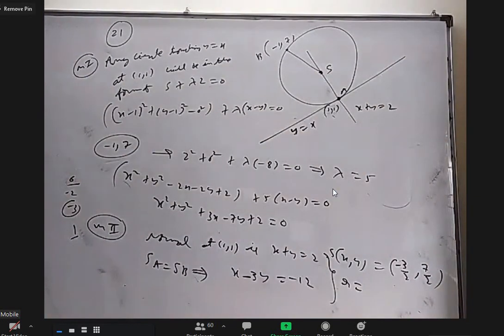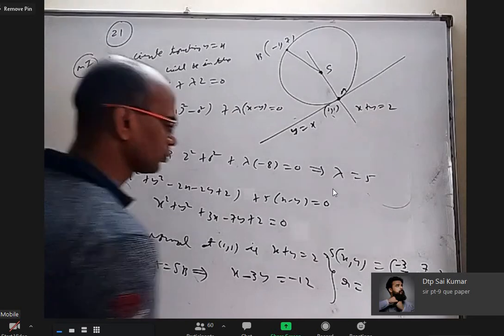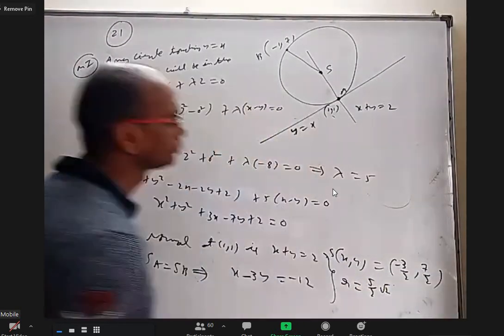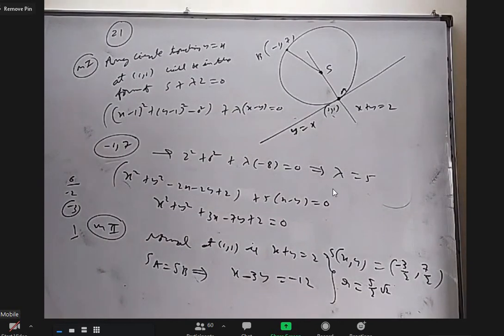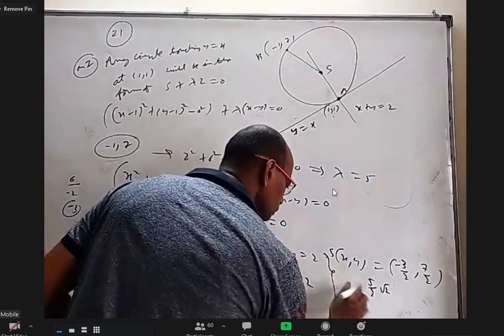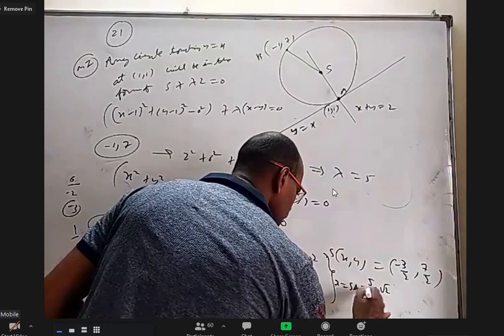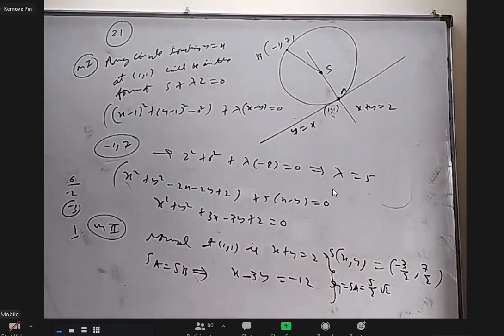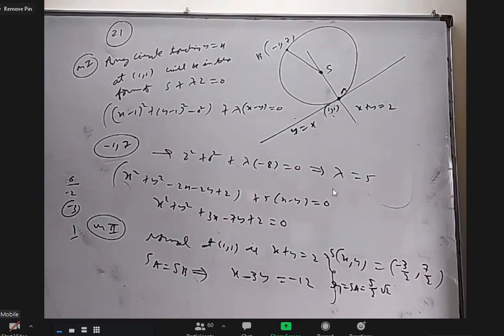Radius will be the square root of 5 by 2 whole square plus 5 by 2 whole square. Is it okay? 21? Yes, sir.